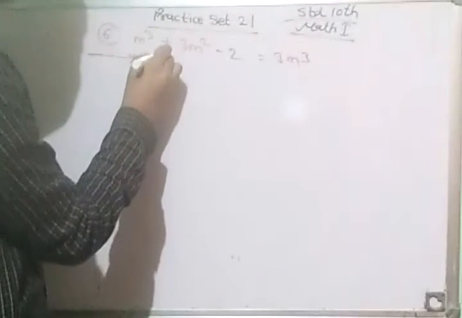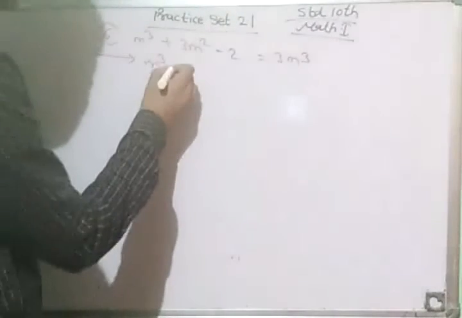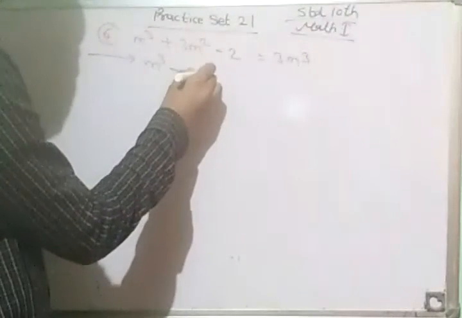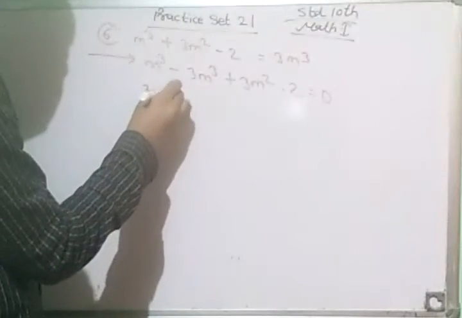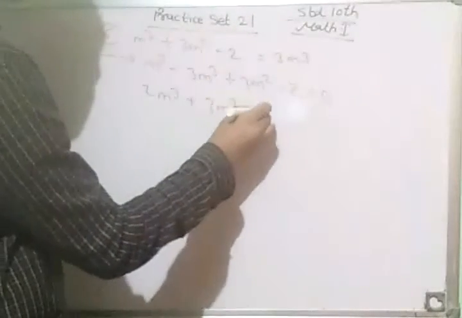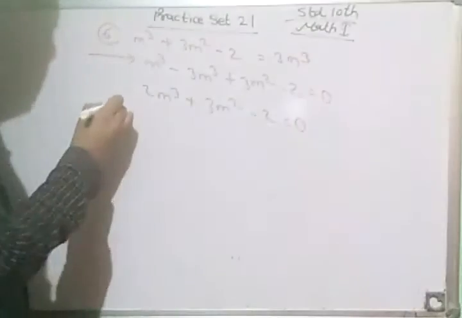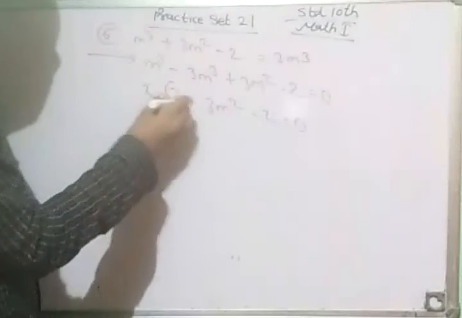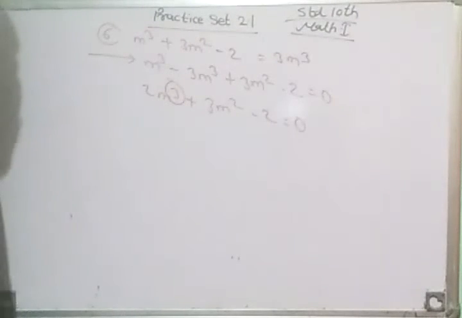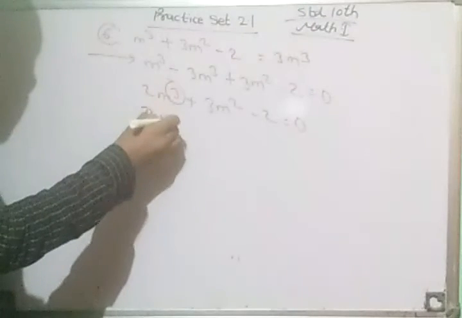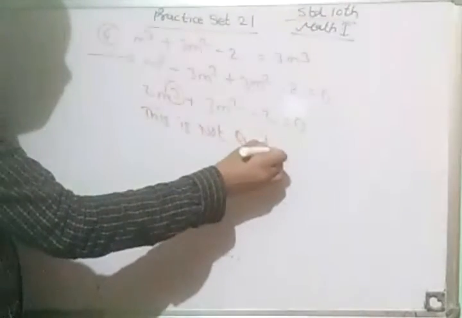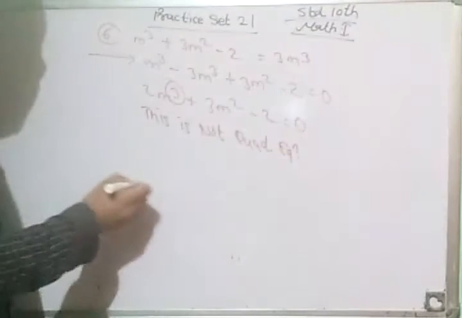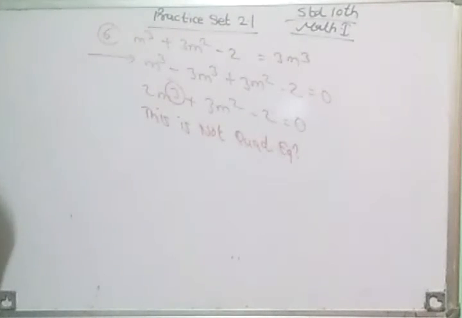So firstly we write this as an equation: m cube minus 3m cube plus 3m square minus 2 is equal to 0. So minus 2m cube plus 3m square minus 2 is equal to 0. So friend, this is not a quadratic equation because the highest index is 3. So this is not a quadratic equation. So our second question is also complete.